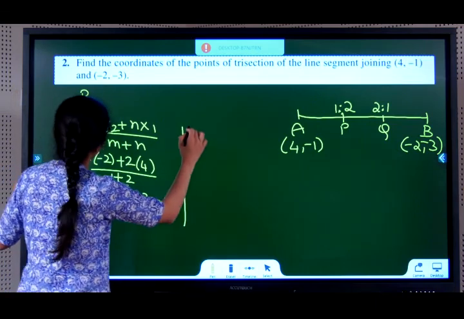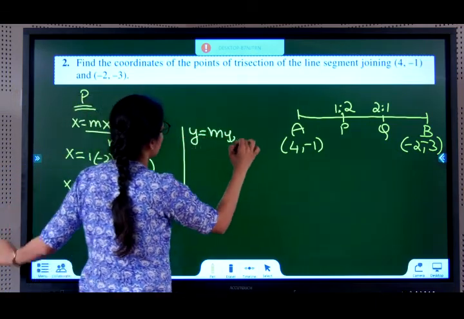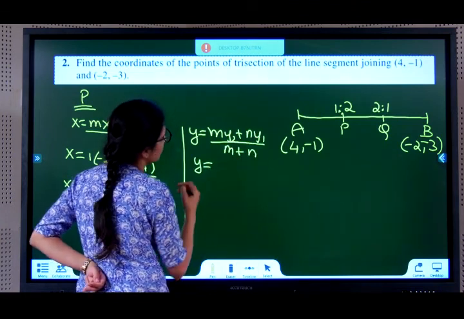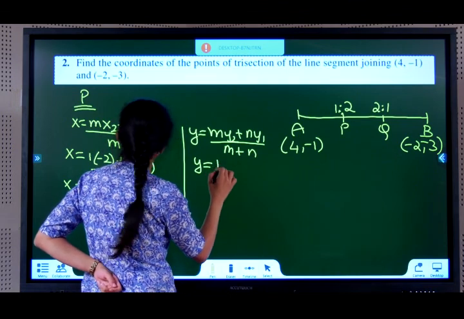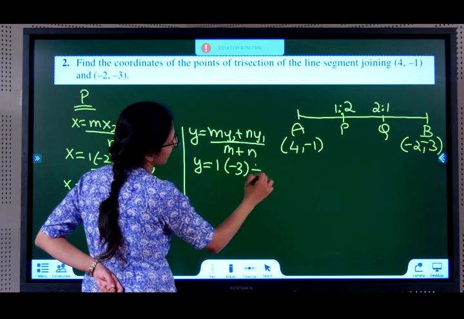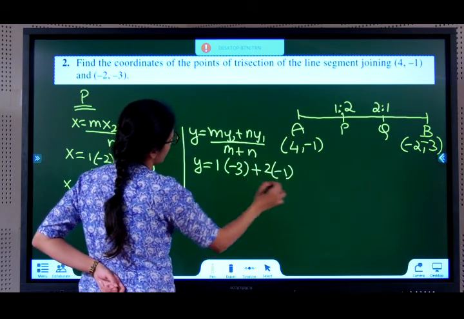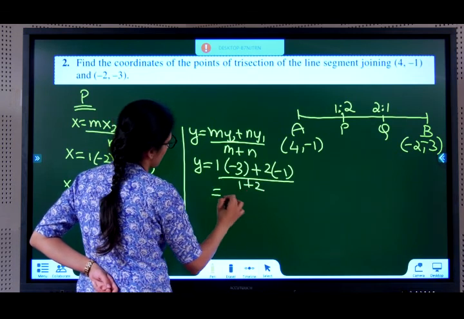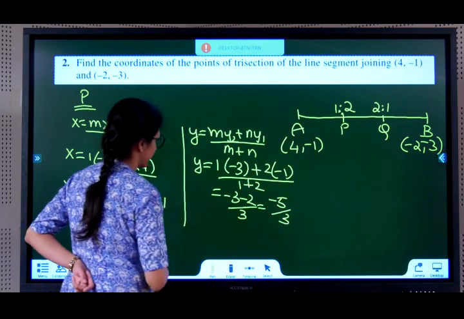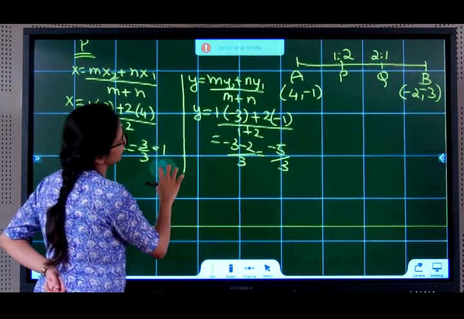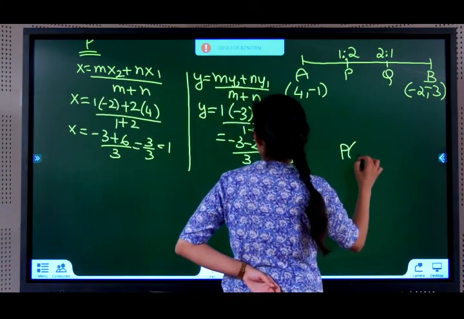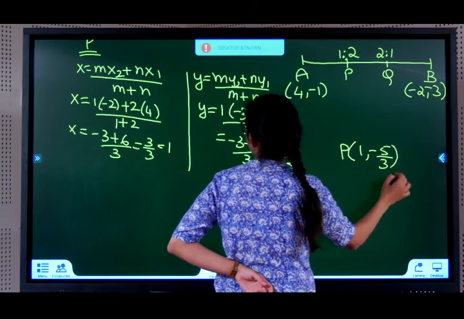Similarly, do for y coordinate my2 plus ny1 divided by m plus n. Y is equal to m1 y2 minus 3 plus 2 y1 minus 1 divided by 1 plus 2, minus 3 minus 2 by 3, minus 5 by 3. Now we got the P coordinate. What is P? 1, minus 5 by 3.